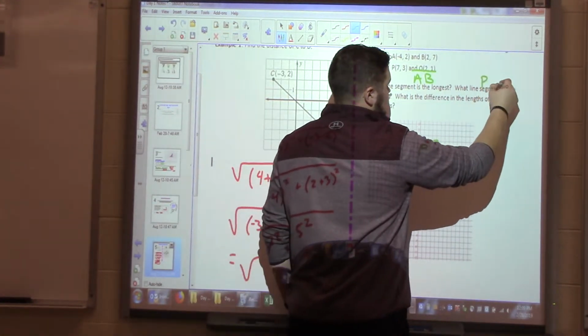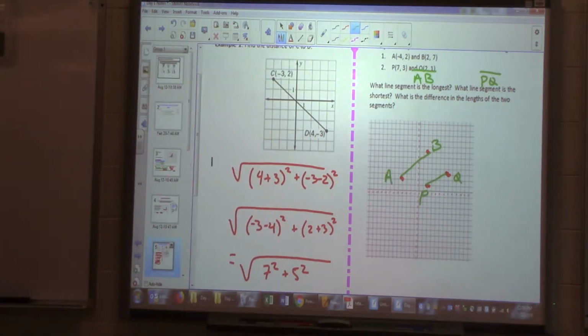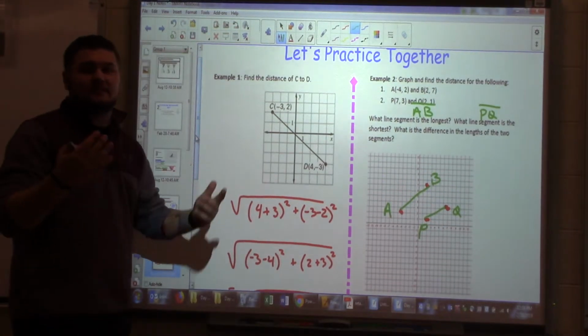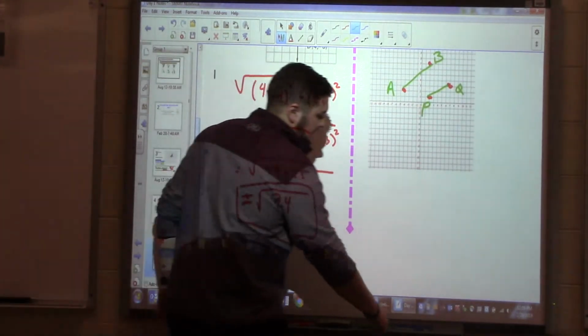Now, what would happen if we asked to do this and they looked the same? You'd have to do the distance for them. Well, let's just be safe. Let's find the distance for both of them. I think it should take us 2 seconds.